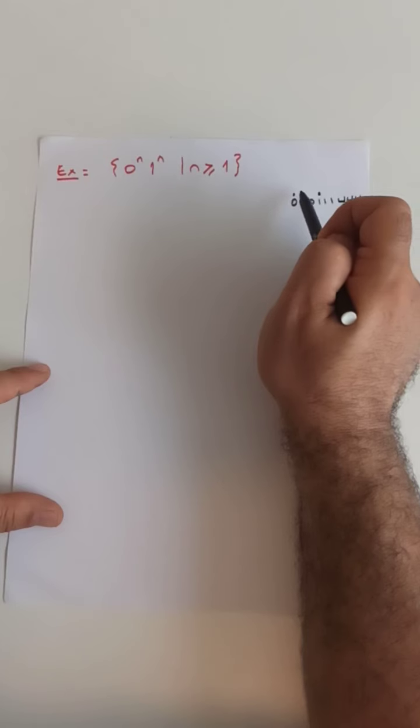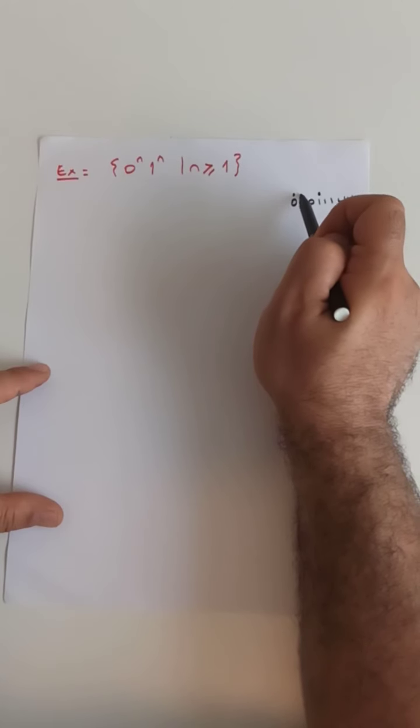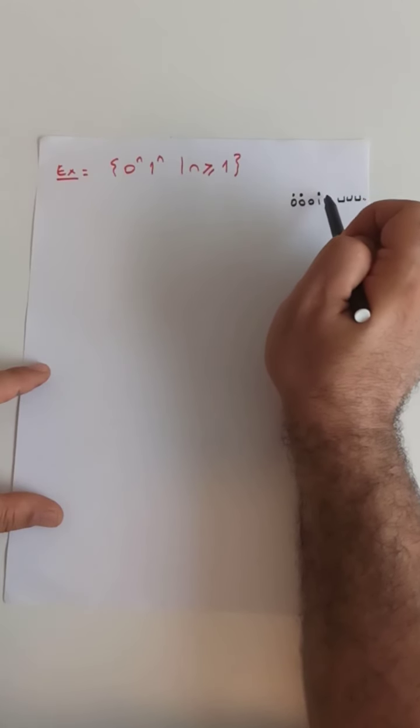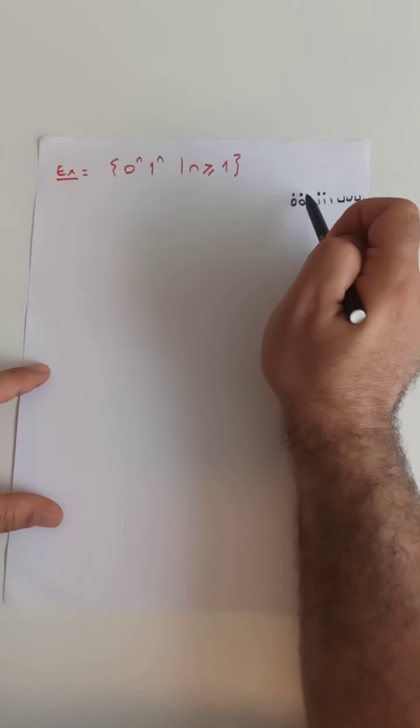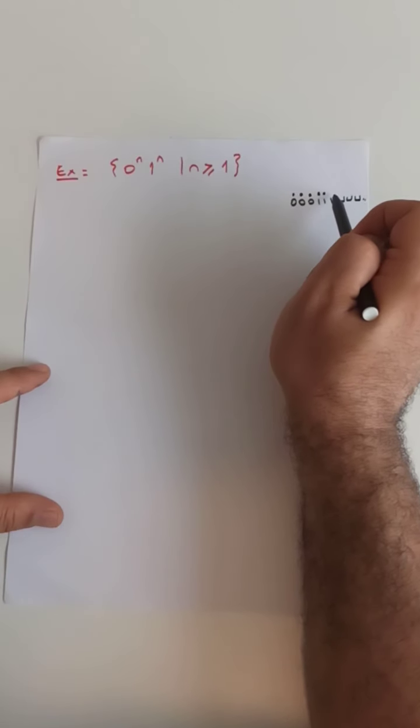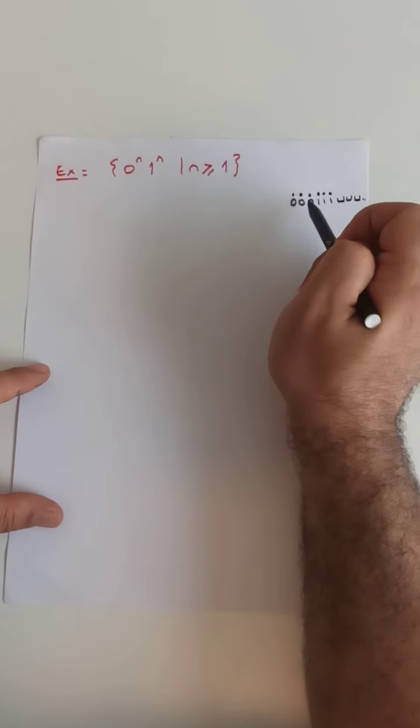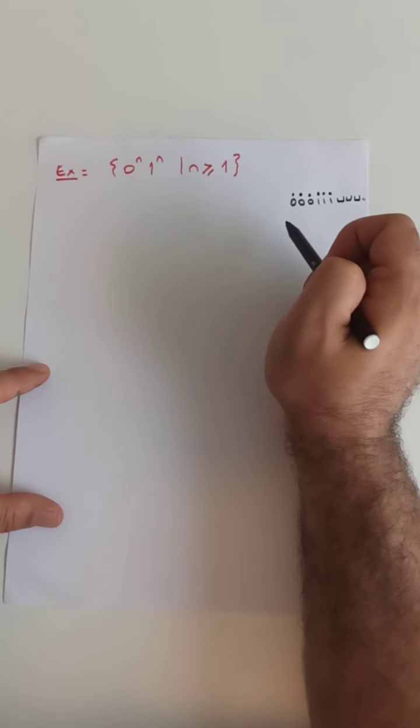Let's say this one, and repeat the same thing. Mark that 0, move right until you find a 1 corresponding to it, mark it. Move left, find an unmarked 0, mark it, and move right until you find an unmarked 1 and mark it corresponding to the 0 that you have just marked.